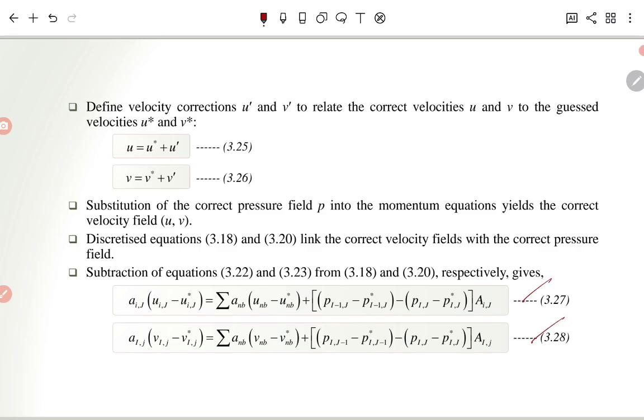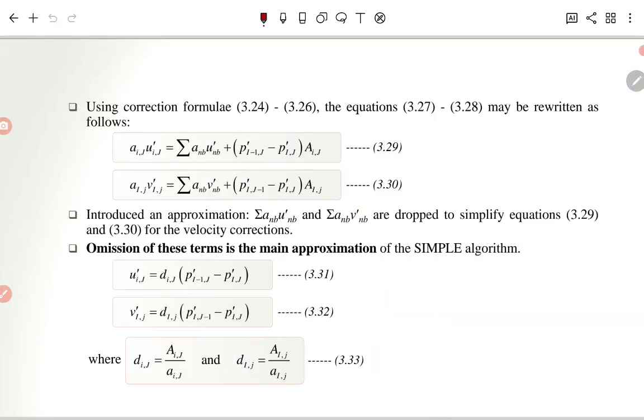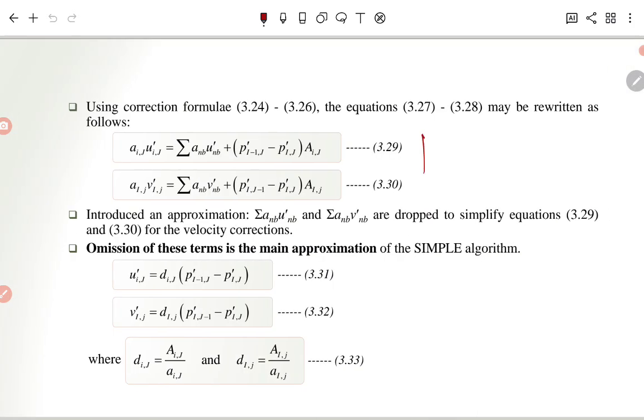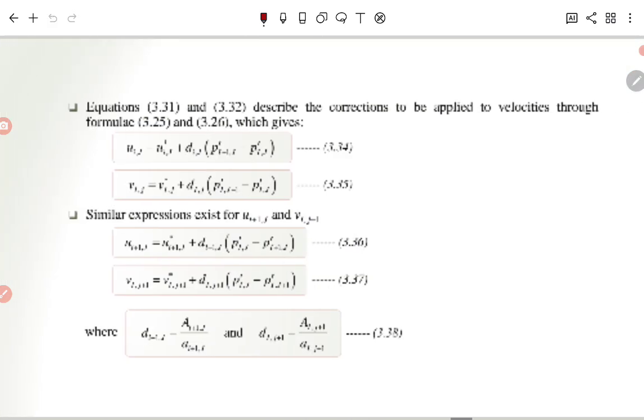For both momentum equations, we substitute this into the equation, and then we can simplify it as this equation. We omit this term, and we have this kind of equation for U star and V star, which is simplified from this equation.